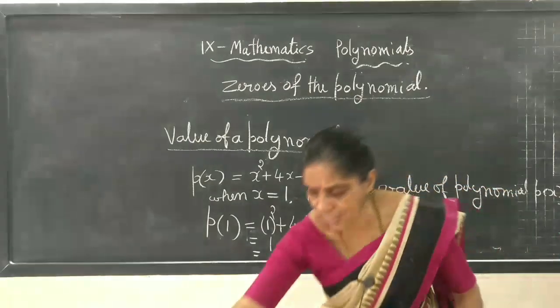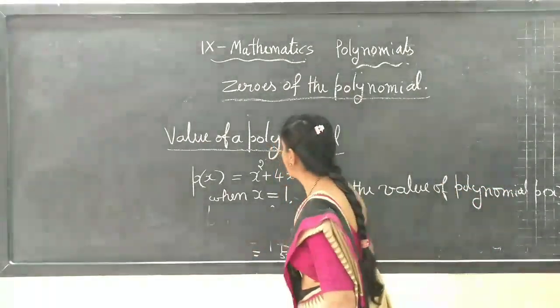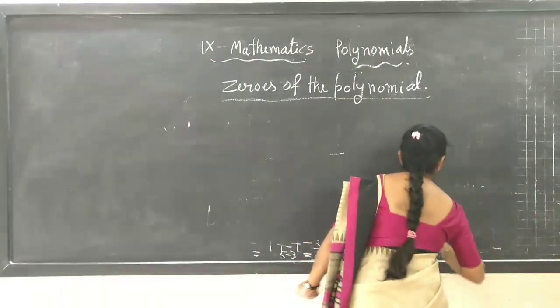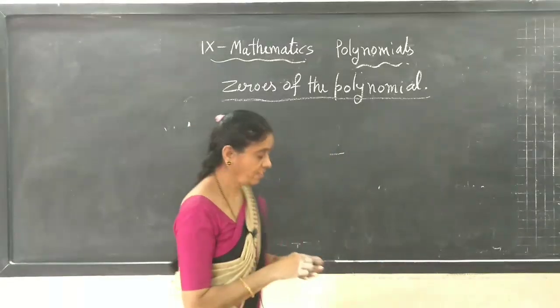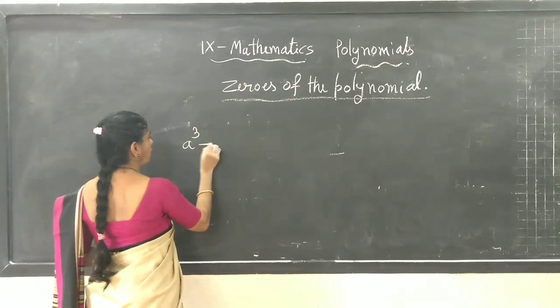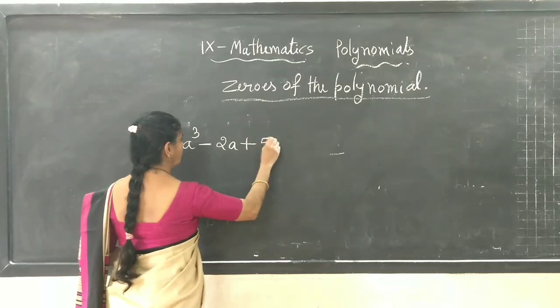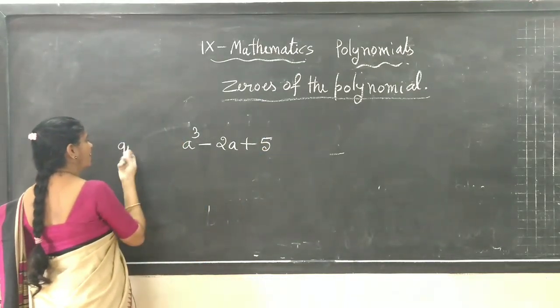In the same manner, one more example we will take. a cube minus 2a plus 5. Say polynomial q, any name you can give.